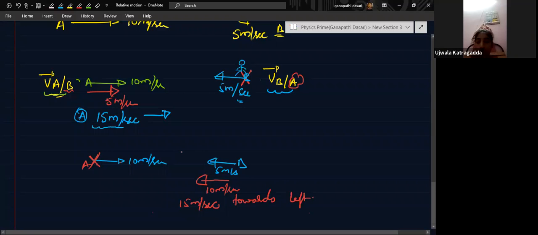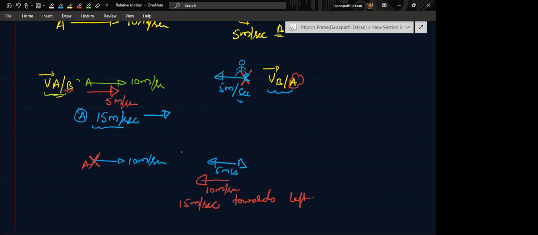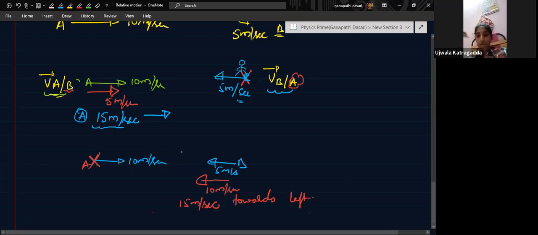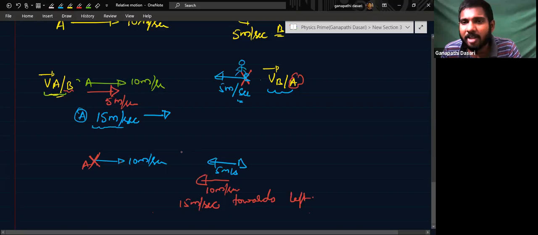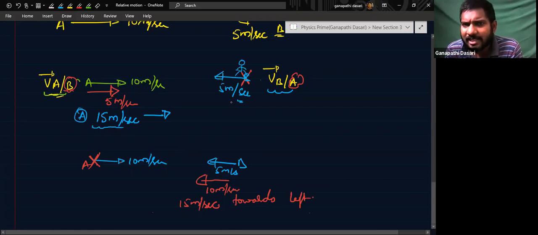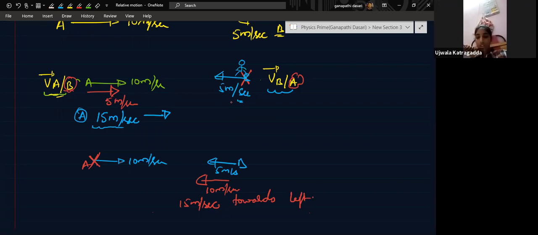The procedure is: A with respect to B means you should stop B; B with respect to A means you should stop A. Both answers will be the same in magnitude, but the direction will be different.